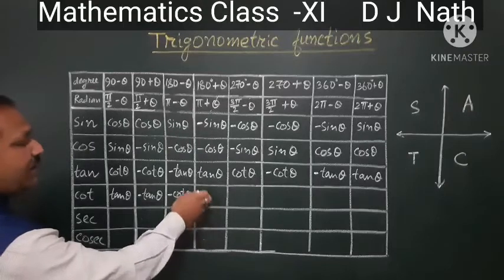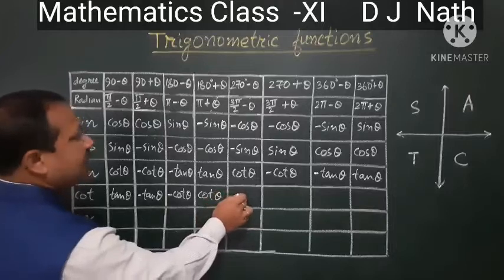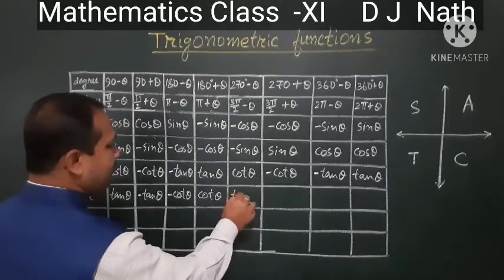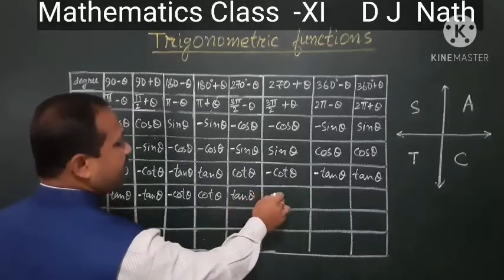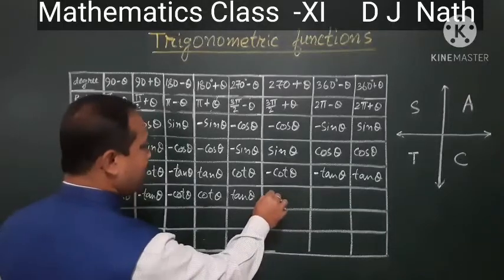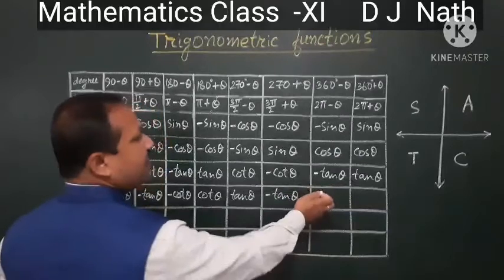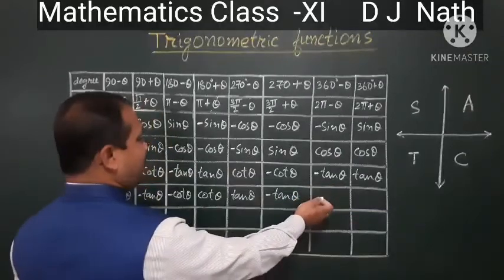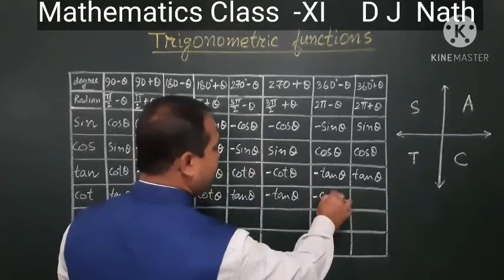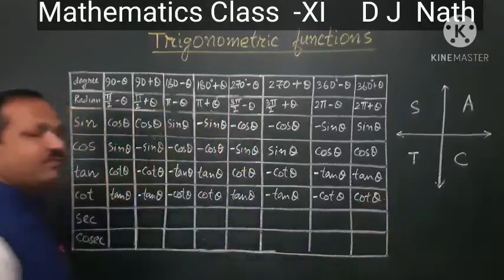When it is 180 plus theta, it will become cot theta. 270 minus theta will become tan theta. 270 plus theta is minus tan theta. 360 minus theta will become minus cot theta, and this is cot theta.